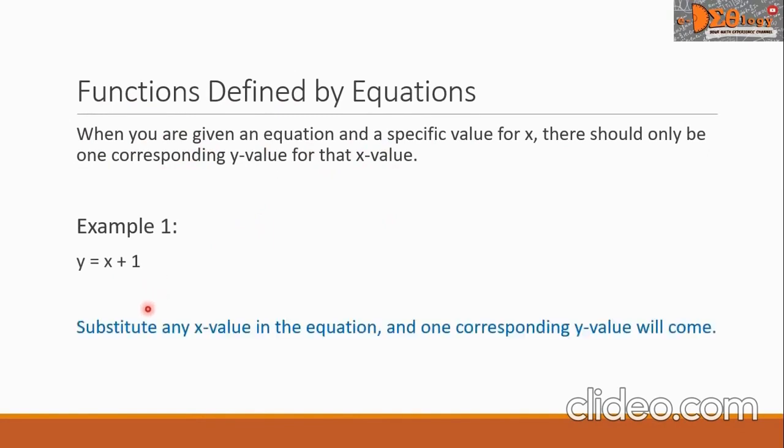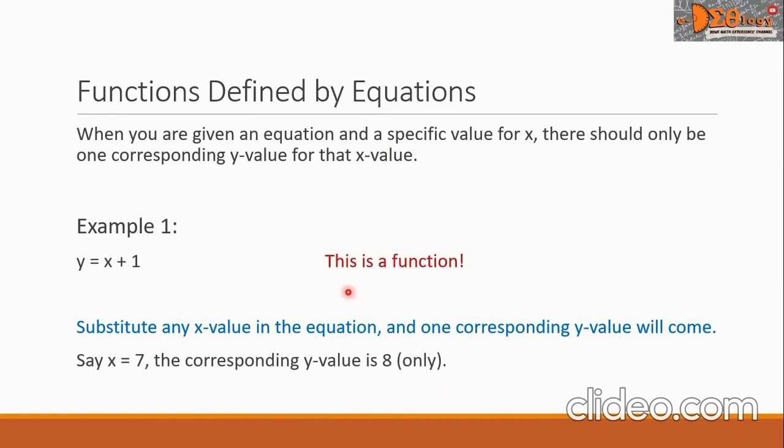We're going to substitute any x value in the equation, and one corresponding y value will come. As an example, we say x equals 7. The corresponding y value is 8 only. So we say that this is a function.